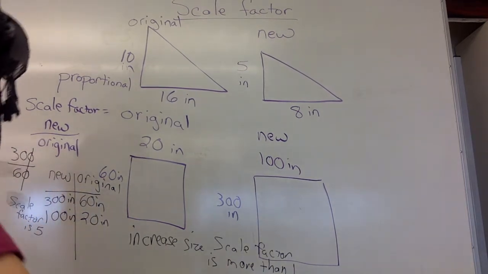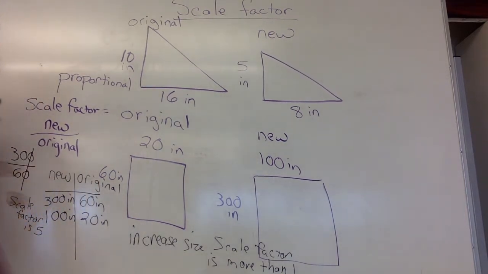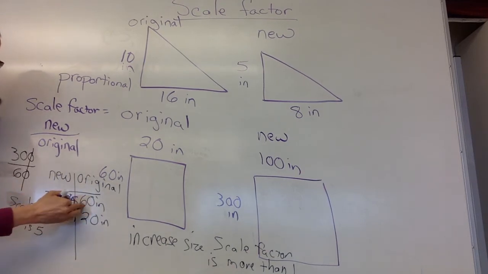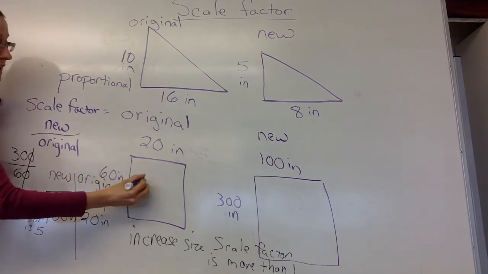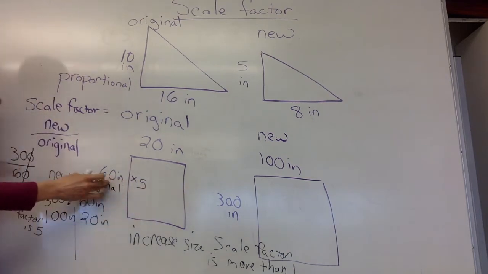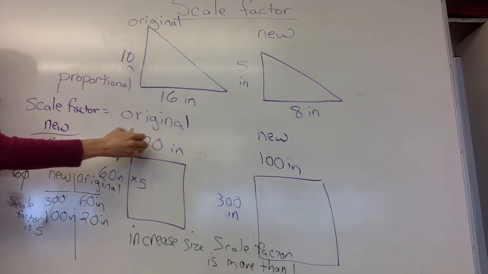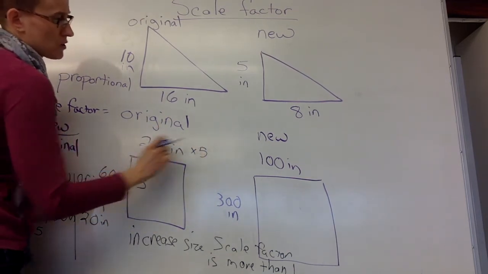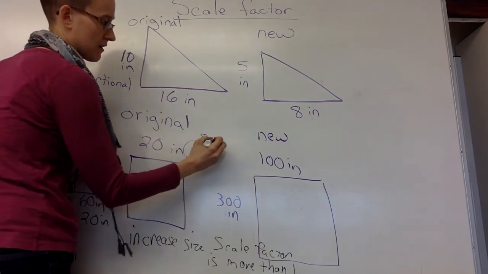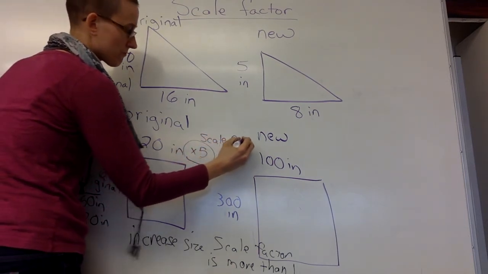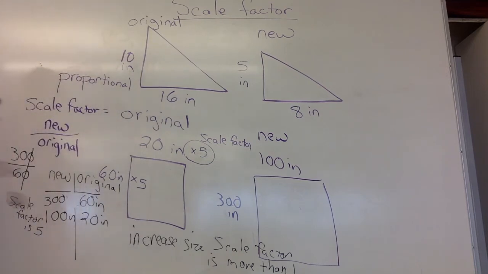So we can test this by seeing if I multiply my 60 by 5, do I get my 300? Yes. If I multiply my 20 by 5, do I get my 100? Yes. So the scale factor here is 5. I would expect it to be greater than 1 because I've made an image larger.